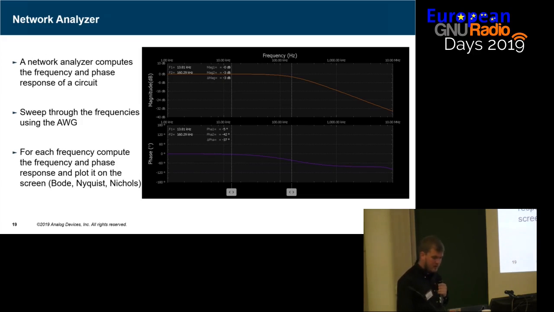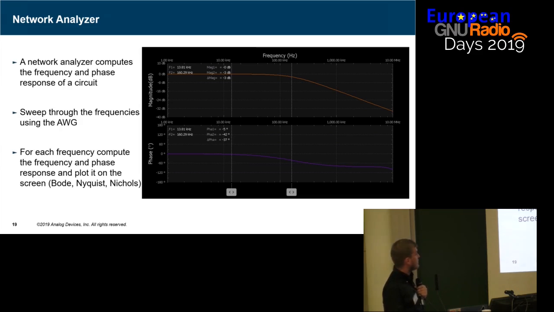This next instrument that also uses GNU Radio is the network analyzer. This network analyzer computes the frequency and phase response of a circuit. In order to do this, it sweeps through the frequencies that the user selected using the arbitrary waveform generator, and for each frequency, it computes the frequency and phase response, and it plots it on the screen.